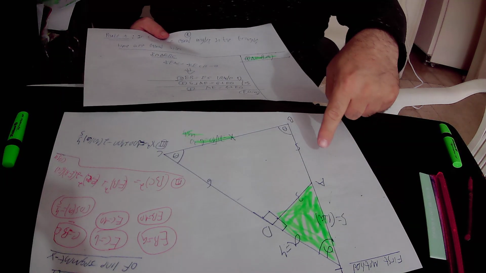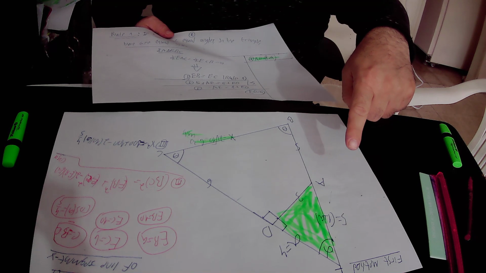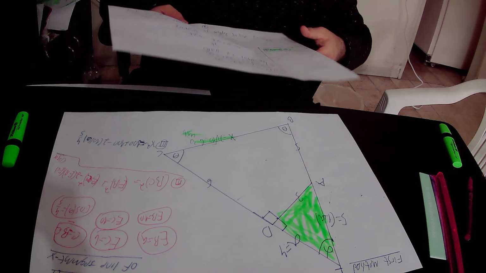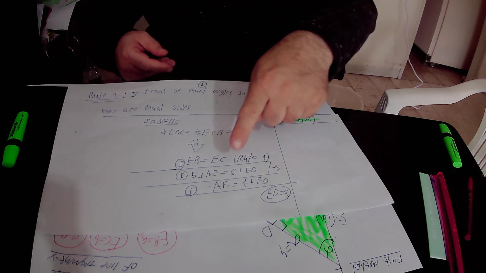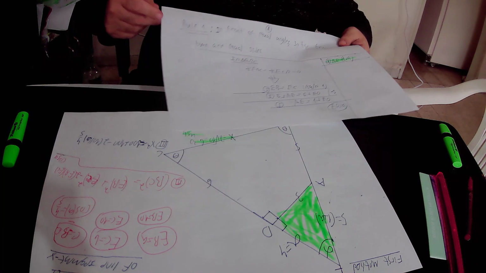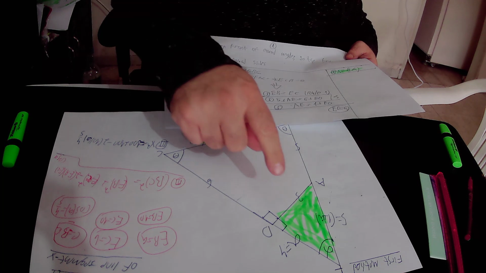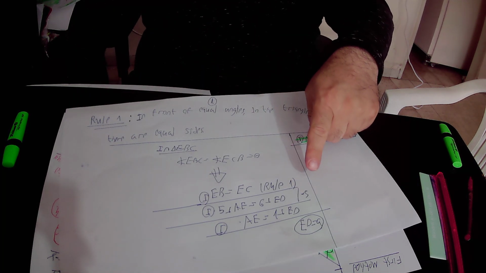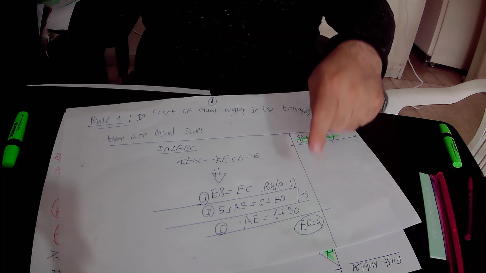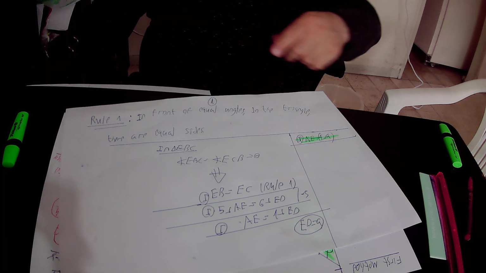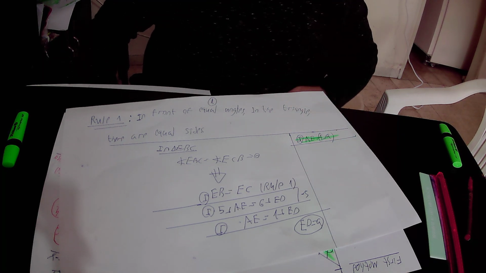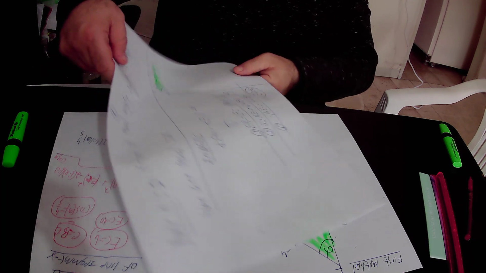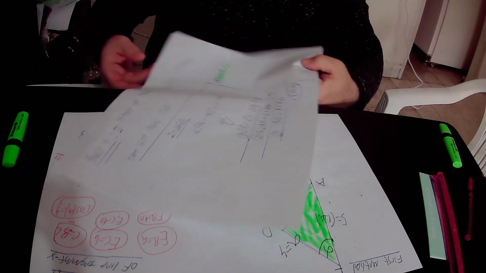EB equals 5 plus AE. And EC equals 6 plus ED. We subtracted 5 from this equation, equation number 1, and we found out that AE equals 1 plus ED.